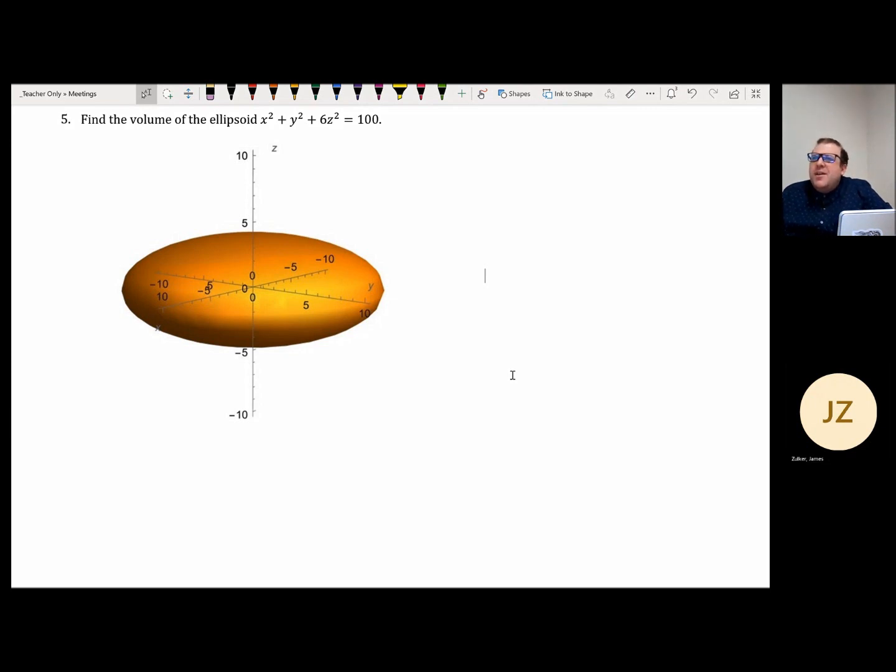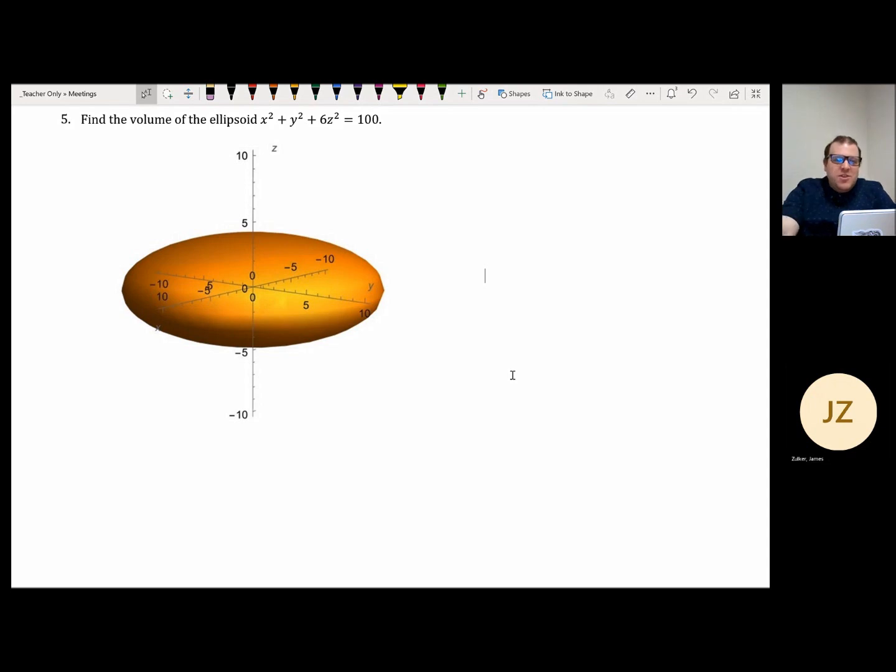Theta is easy to describe, 0 to 2 pi. Phi is easy to describe, 0 to pi. Rho will go from 0 to something very, very hideous in terms of theta and phi, because the radius of an ellipsoid is not constant.